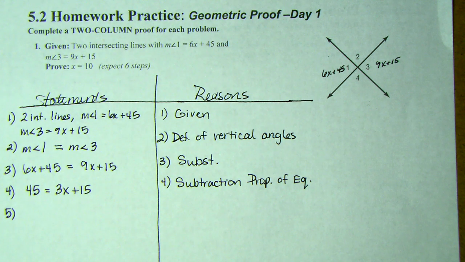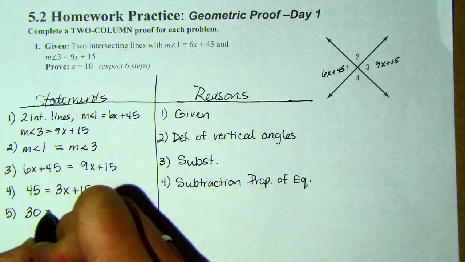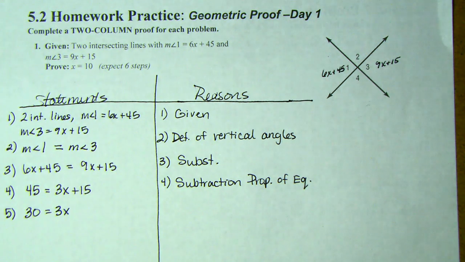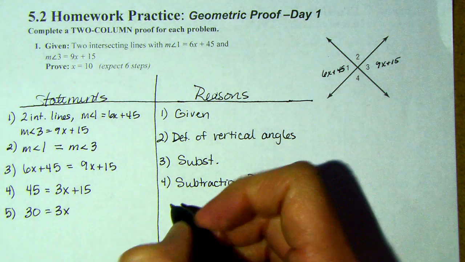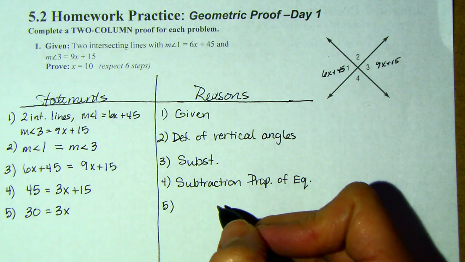Now what's the next thing we do in algebra? And how would we do that? Subtract it, right? So what's 45 take away 15? So now my equation is just 30 equals 3x.